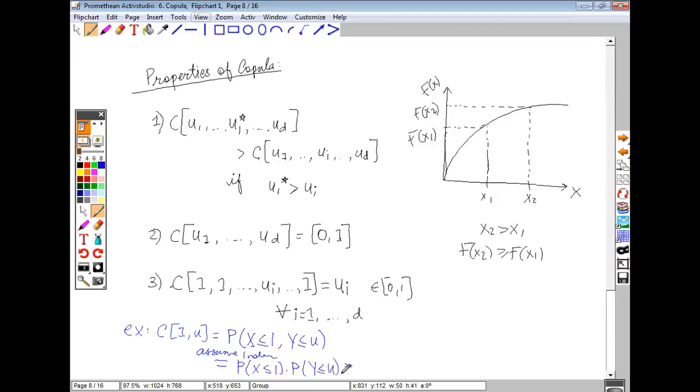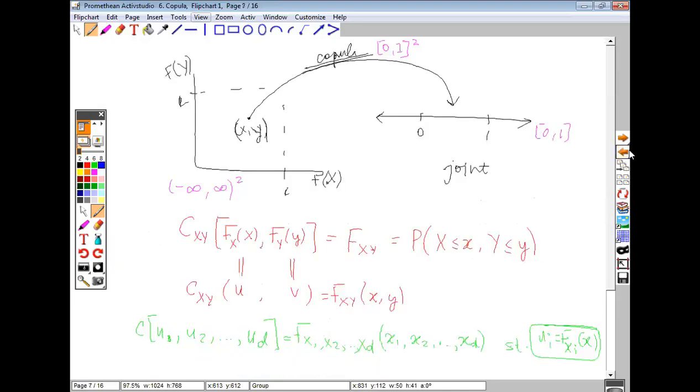And we know that any probability will be less than or equal to 1, so I should maybe write this F of x, F of y for now. So I know that my F of x will always be less than or equal to 1 for sure. So this is just going to be 1 every time. And what is the probability that you will observe an F of y less than or equal to u? We just derived it, right? It's u.